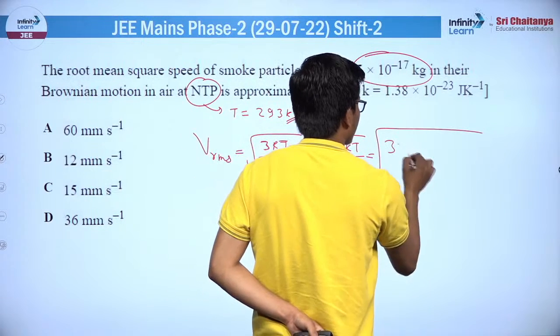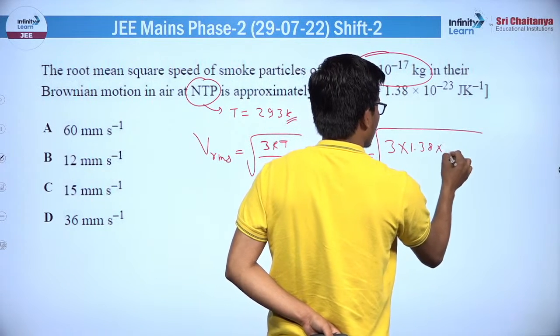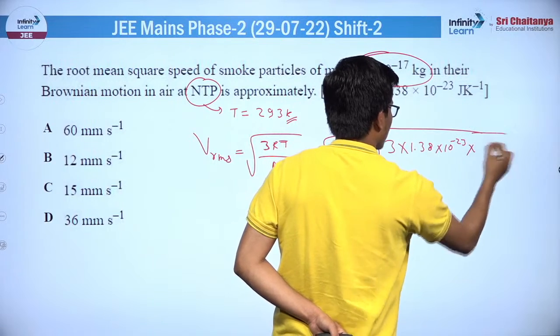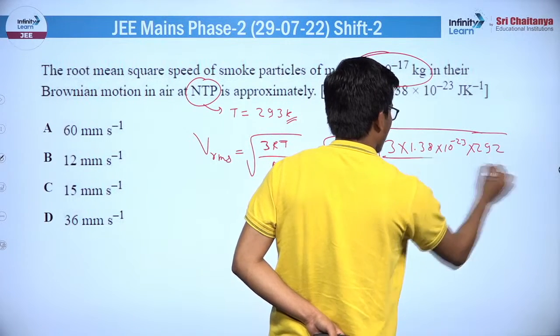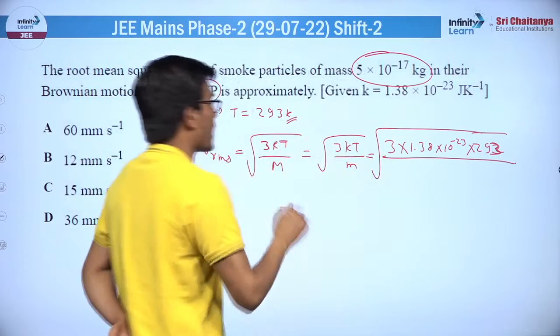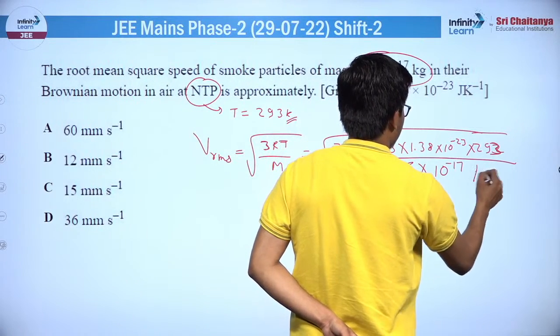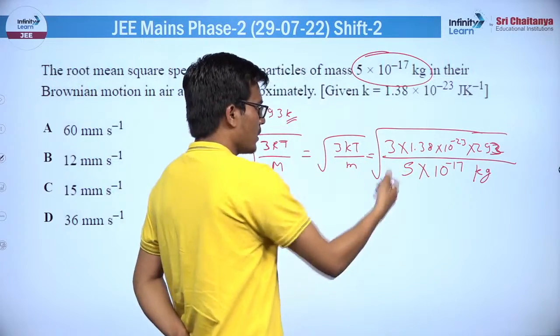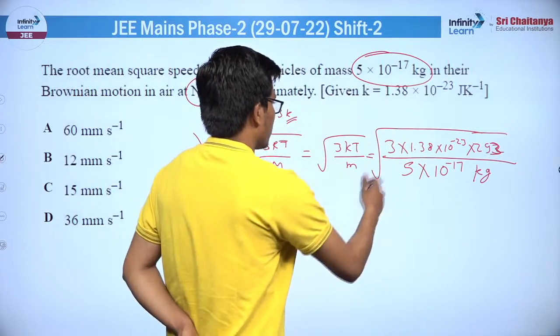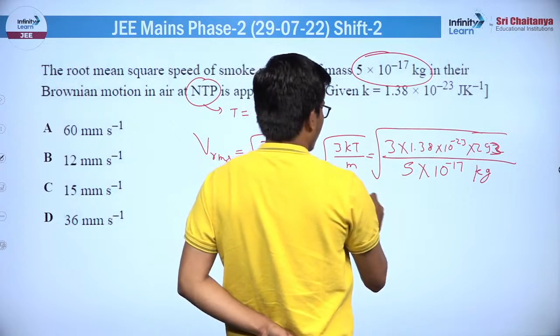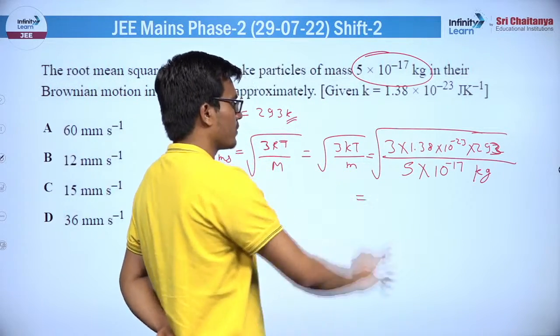So 3 Boltzmann constant is given to you, temperature is also given to you, divided by mass. Mass is also given to you in kg, SI unit itself, right? So you can see here 2, 3, 3, 9, 9 divided by 5 will be something 18, 18 into 1 will be something.